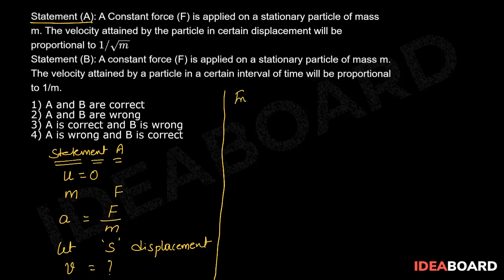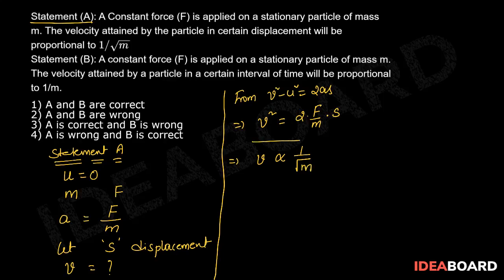So from v square minus u square equals 2as, v square is equal to 2 times F upon m multiplied by S. So this implies v is proportional to 1 upon root m.